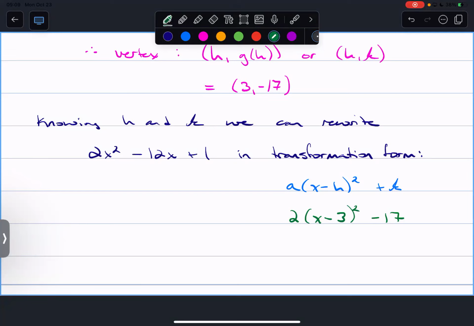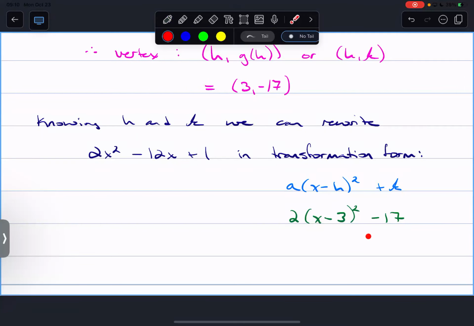Which we could use to easily find the vertex if we had it like that, right? But in the end, we're chasing after these h's, and then the h is going to lead us to k because that's just the output at h, right?